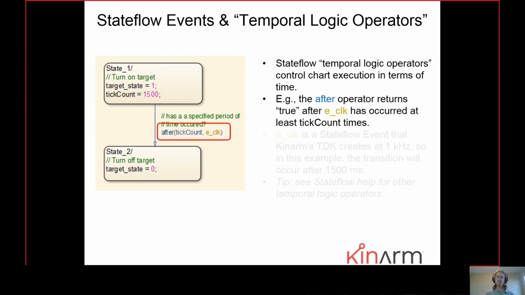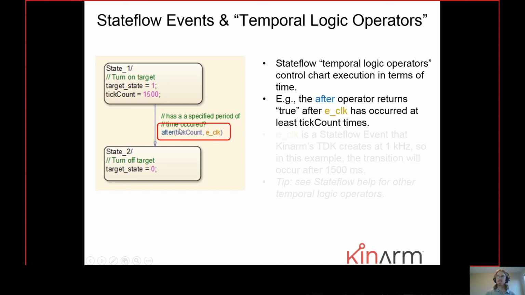What will happen here is this eClock is the 1 kilohertz input signal that we provide, so this will happen once every millisecond. From the time we enter this upper state, we will wait until 1500 eClocks have happened, and then this transition becomes valid.